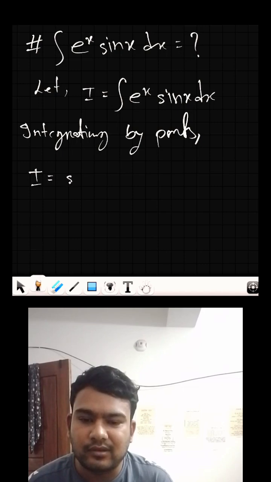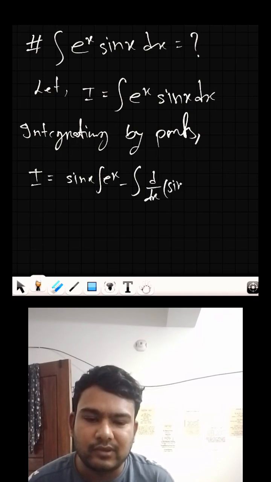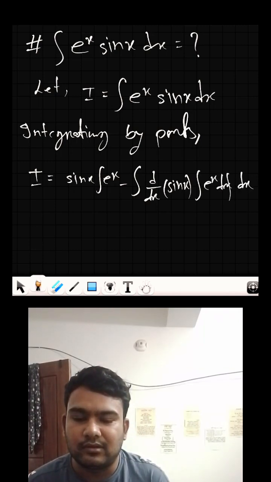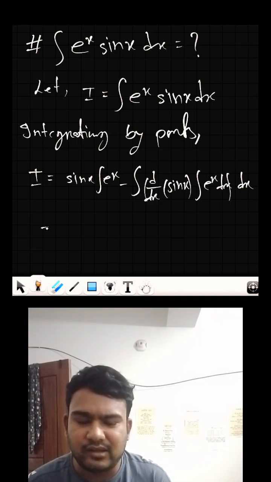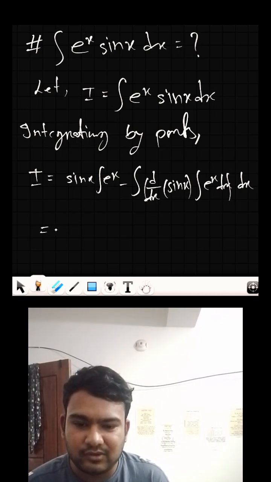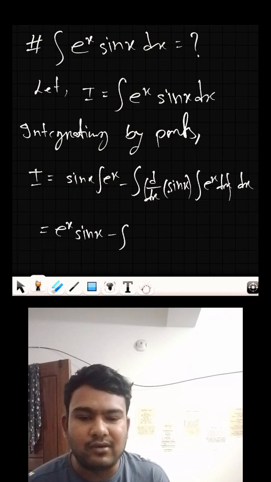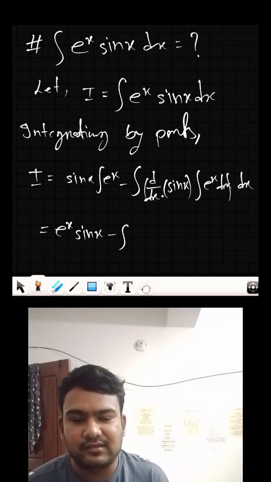sin x integration e to the x minus integral of derivative of sin x, integral of e to the x and dx and dx. Okay, then we know that the derivative of e to the x is again e to the x, so this becomes e to the x sin x minus, we know that the derivative of sin x is cos x.